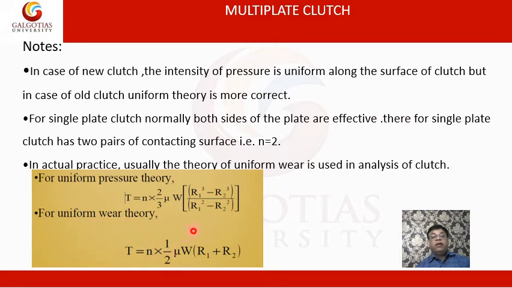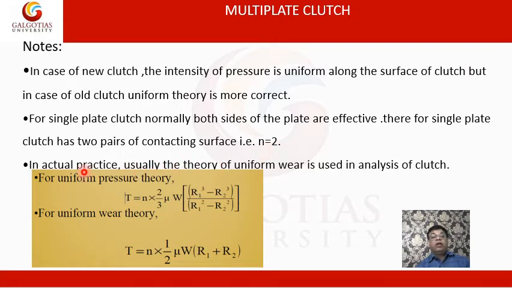The only difference between a single plate and multi-plate clutch is the number of plates you have to multiply by. For a single plate clutch, normally both sides of the plate are effective, so the single plate clutch has a maximum of two pairs of contacting surfaces, n equal to 2.